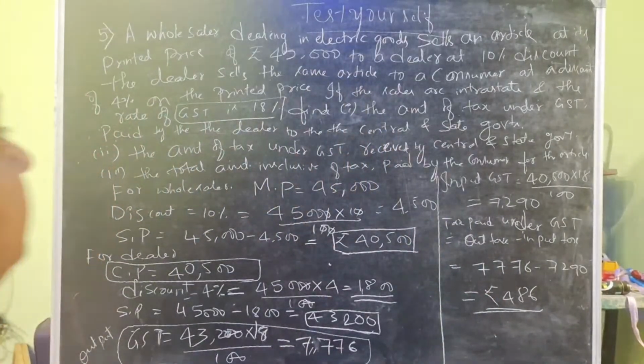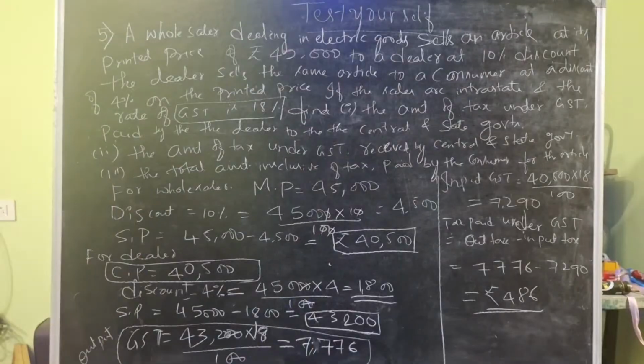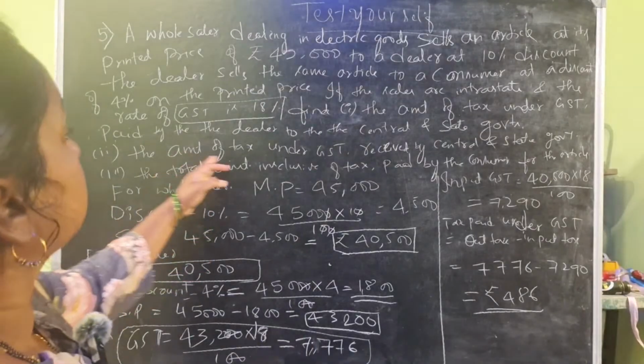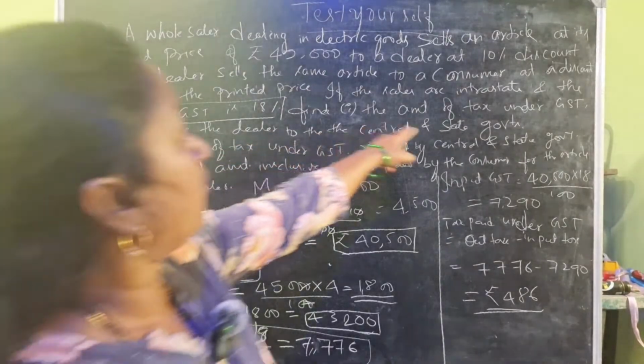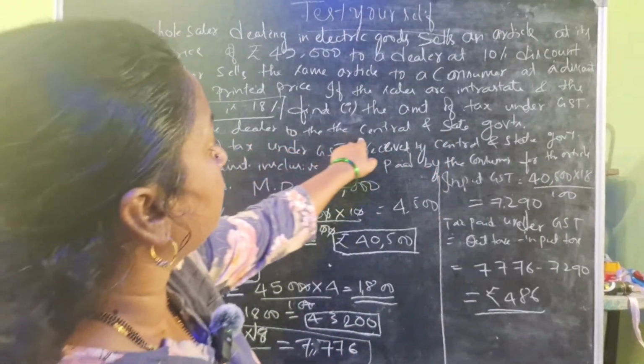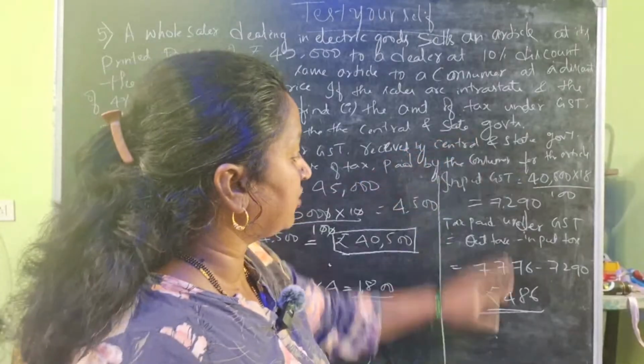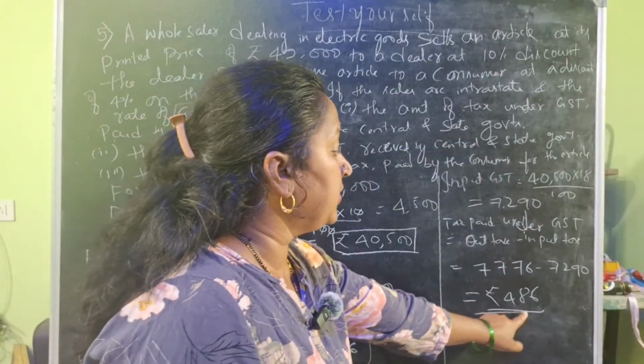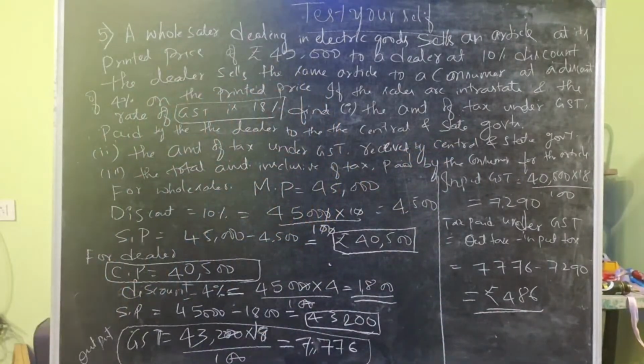So this is the tax paid under GST. The amount of tax under GST paid by the dealer to the central government and state government is rupees 486.